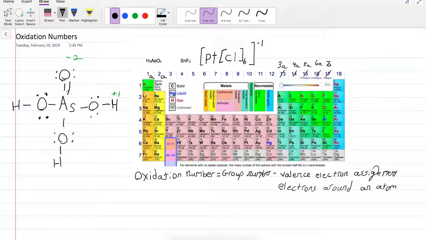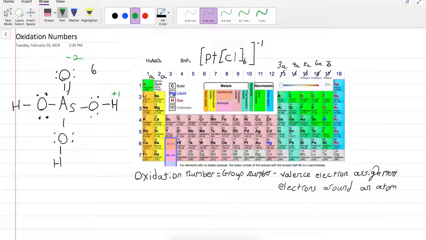So let's take a look at oxygen here, something that is very electronegative. It has a group number of 6. If you count over 1, 2, 3, 4, 5, 6, and we don't count the transition metals. So it has a group number of 6. And let's count the valence electron assignments. We have 1, 2, 3, 4 from the lone pairs.